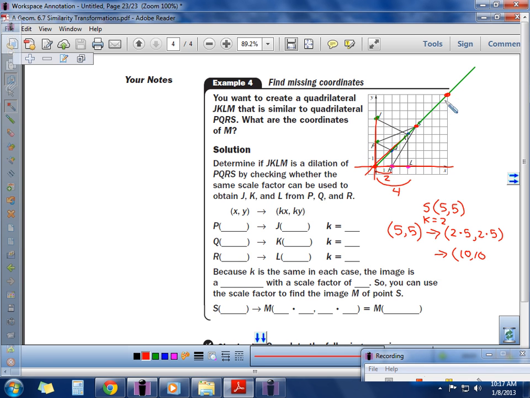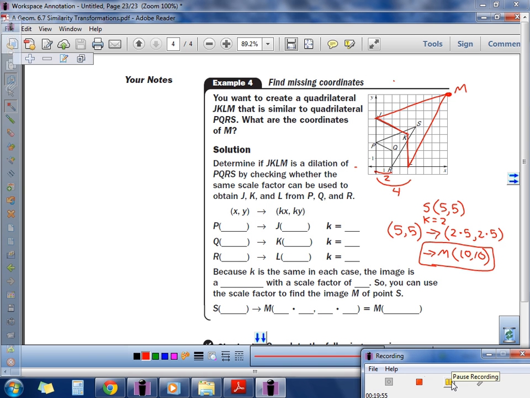Over 10, up 10. There's our new point. And I'll erase some of these other lines so you can see it a little better. So it's out here. So L goes up. And that new coordinate for M is 10, 10. There's our final answer.